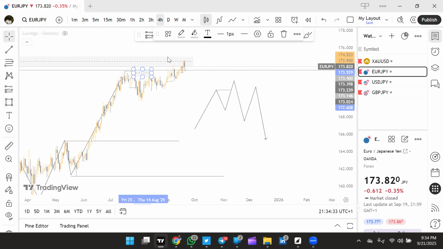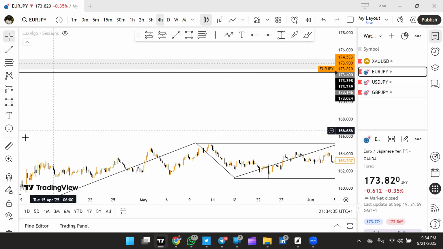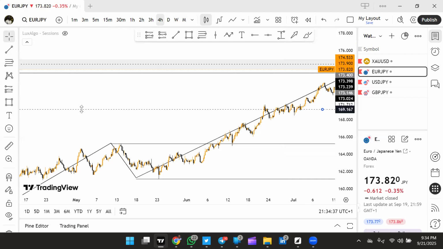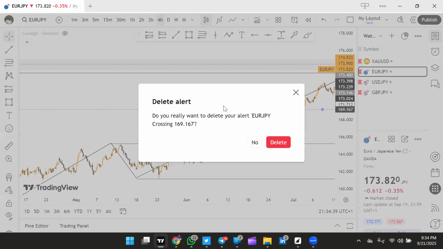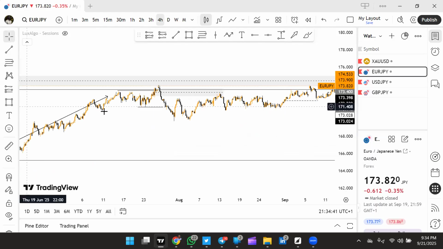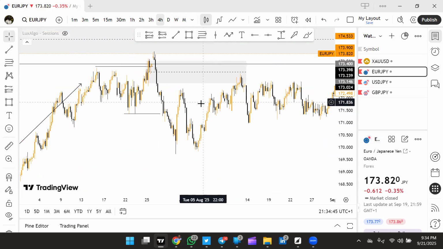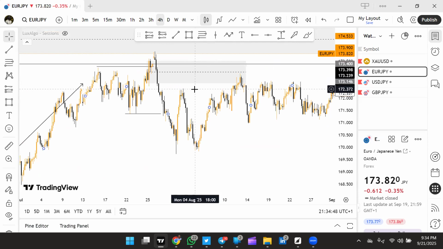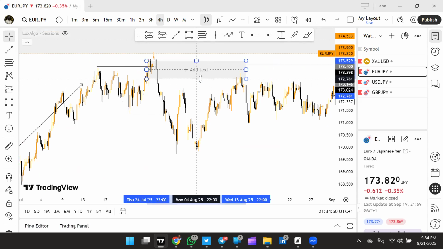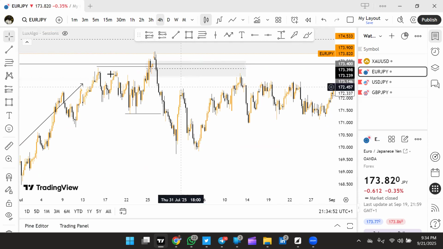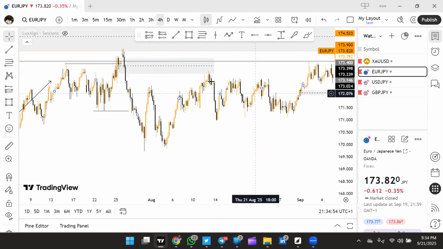Now let's go to a lower time frame. So you can see, you can refine the zone. The market reacted to a breakout.